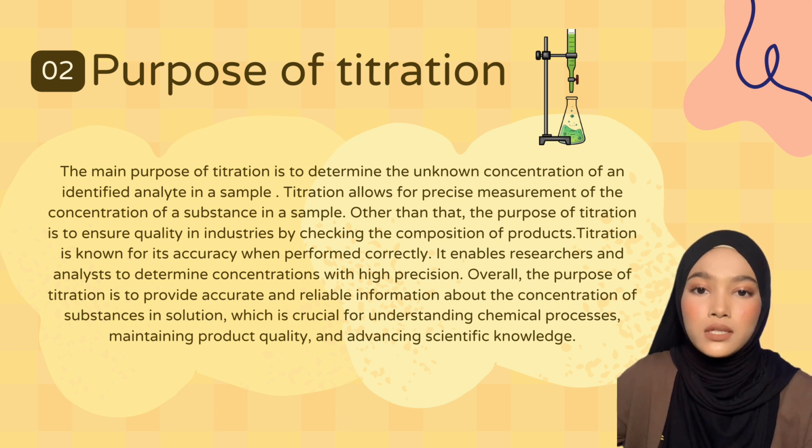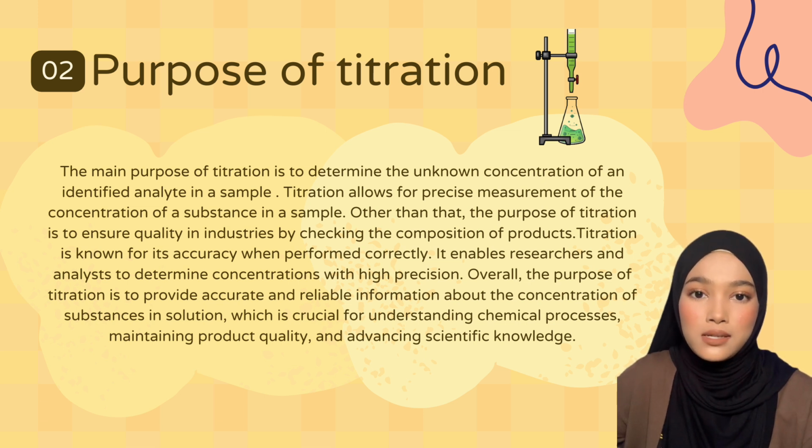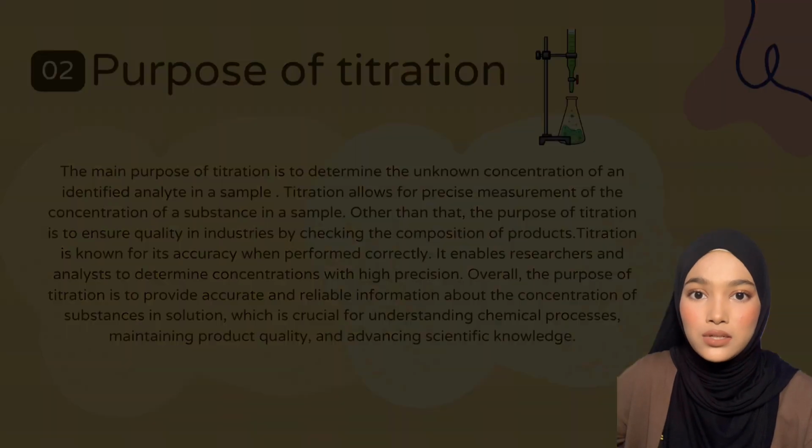It enables researchers and analysts to determine concentration with high precision. Overall, the purpose of titration is to provide accurate and reliable information about the concentration of substances in solution, which is crucial for understanding chemical processes, maintaining product quality, and advancing scientific knowledge.